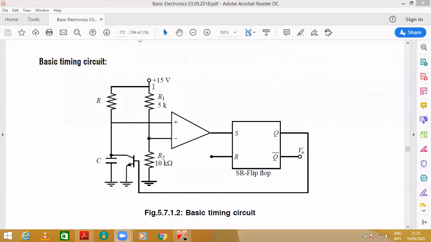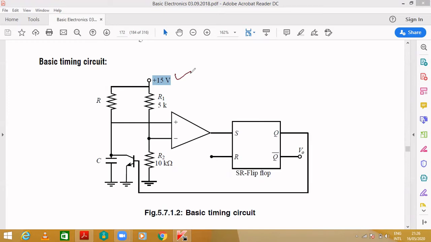Here you can observe the basic timing circuit. You already know the range of voltage which is used here. It will be from plus 5 volts to 18 volts, isn't it? Here I'm connecting 15 volts.